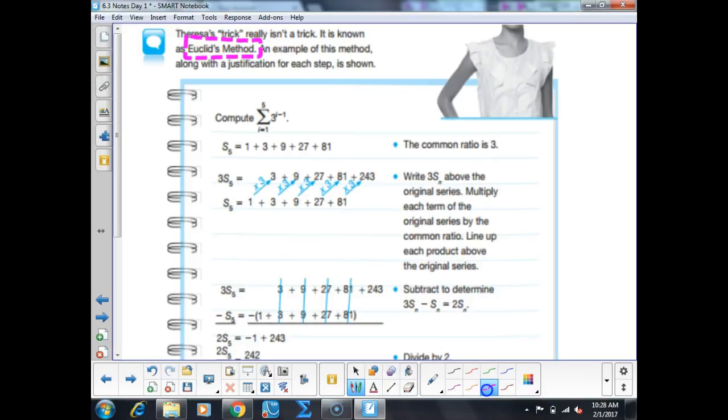Now, yesterday we introduced you to summation notation. With summation notation in a geometric series, your R value is that term right there.